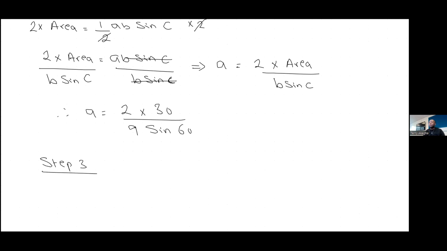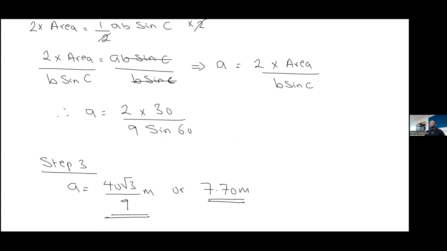You should get 40 root 3 divided by 9 in meters. Or if you want it in decimal points, it's going to give us 7.70 what? Meters. Like I always say, depending on the question, some questions might ask you to leave this in an exact form. Some might ask for 2 decimal places. So it depends. That's how you will answer this.